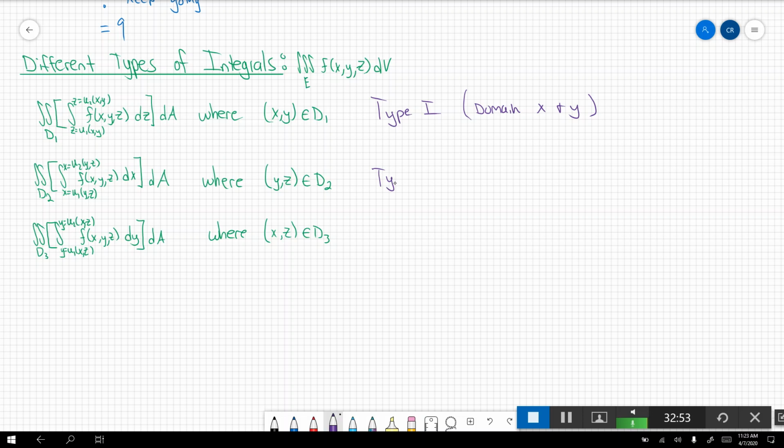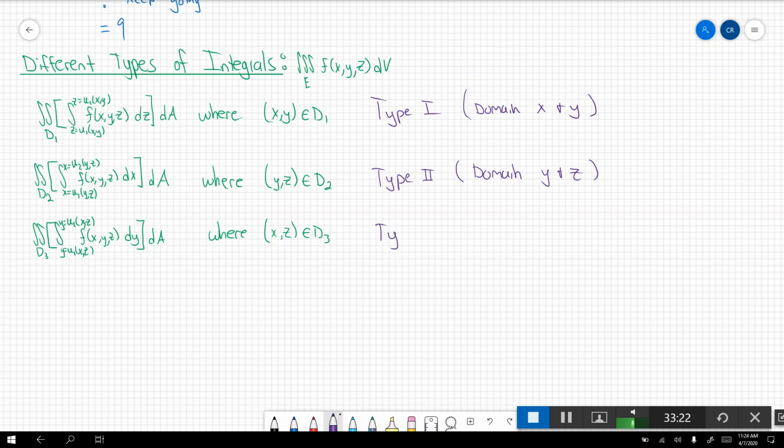A type 2 integral has a domain of y's and z's. So the domain of y and z, again, we want to work with, hey, is the domain that we want to sketch in y and z? If it is, great, then the 2 outermost integrals are y and z. The innermost is the x values that we didn't choose.